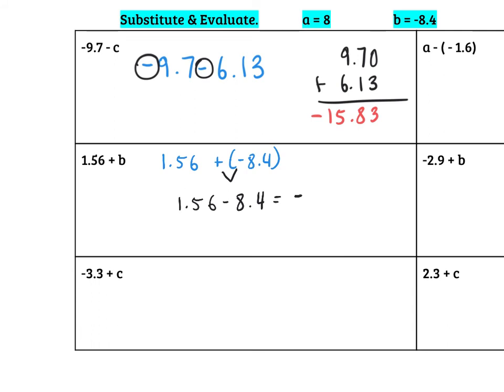So I'm going to just go ahead and subtract 8.4 minus 1.56. Add that 0 there. When I subtract here, right, I get negative 6.84. Don't forget that sign.